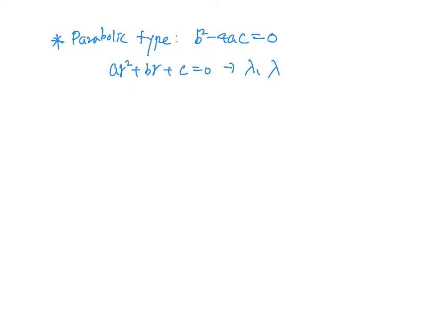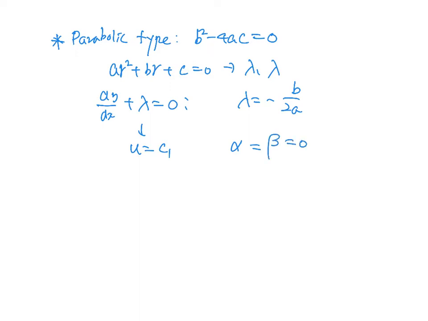So we have only one solution, right? dx over dy plus lambda equal to 0, where lambda is obviously minus 2a over b. So from this you have u equal to c1. And obviously alpha and beta are equal to 0. You can see that.